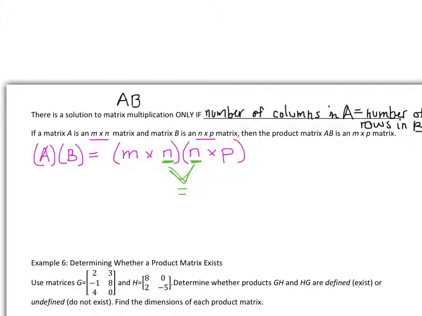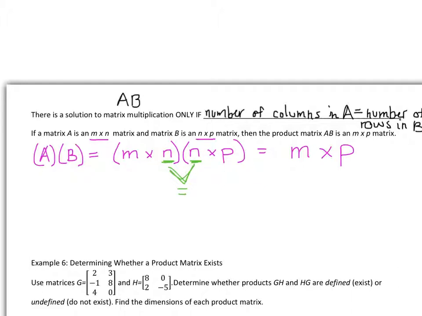So, and what happens is when they match, kind of they disappear, and all you have left is your M and your P. So the dimensions of your resulting matrix will be M by P. Okay, so just cross out those like they're not there. And then what's left is M by P.